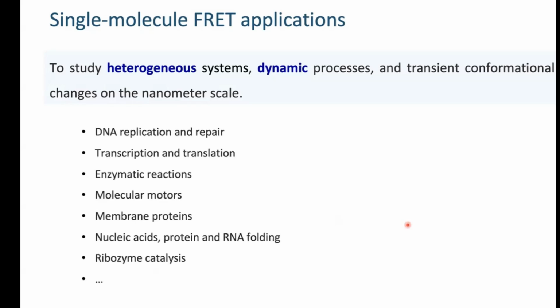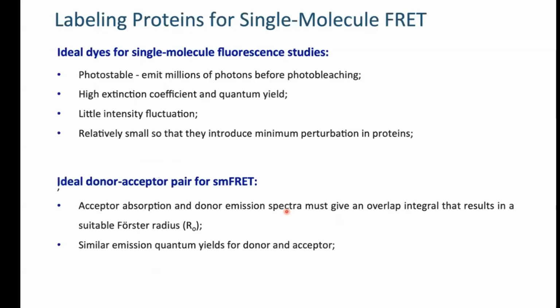So of course, it has been used not just to follow the folding of IDPs, but also globular proteins or even nucleic acid-protein systems and different biological systems, even to follow in real time, for example, enzymatic reactions, also molecular motors, and even membrane proteins. So it's a really powerful technique, not just for the field of IDPs. And again, you can really sort different subpopulations.